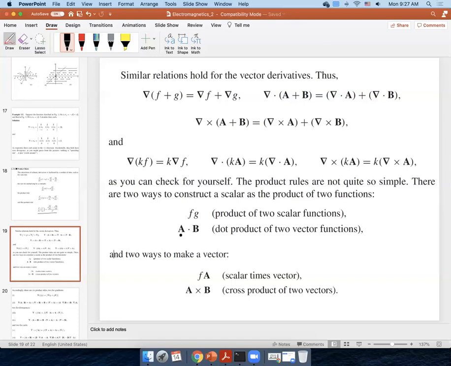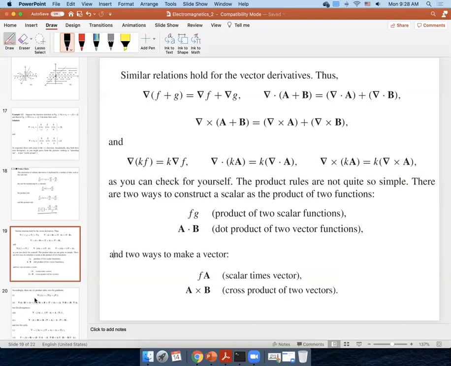And if you have two vector functions, a and b, the dot product of those two vector functions should be another scalar function. And there are two ways to make a vector function. For example, a scalar function f times a vector function a gives a vector function, or the cross product of two vector functions results in another vector function.